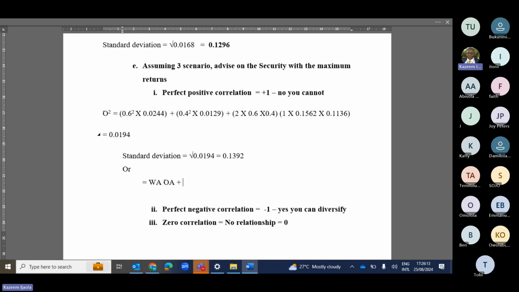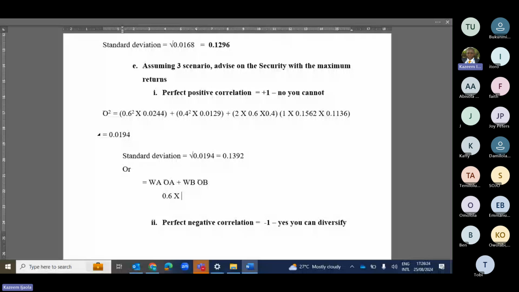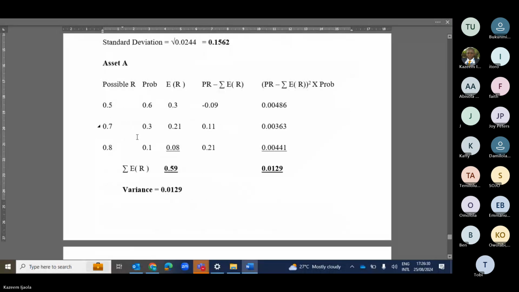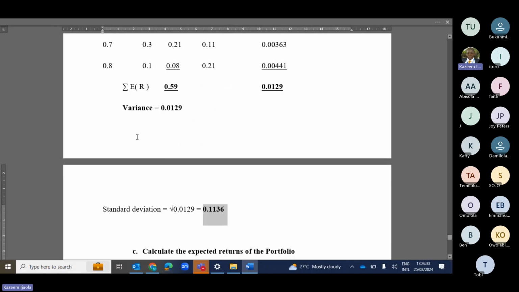If it is perfectly positive, do this, you'll get the same thing. Weight of A is 0.6 times standard deviation of A plus weight of B is 0.4 times standard deviation of B. What's standard deviation of A is this. Multiply by this.